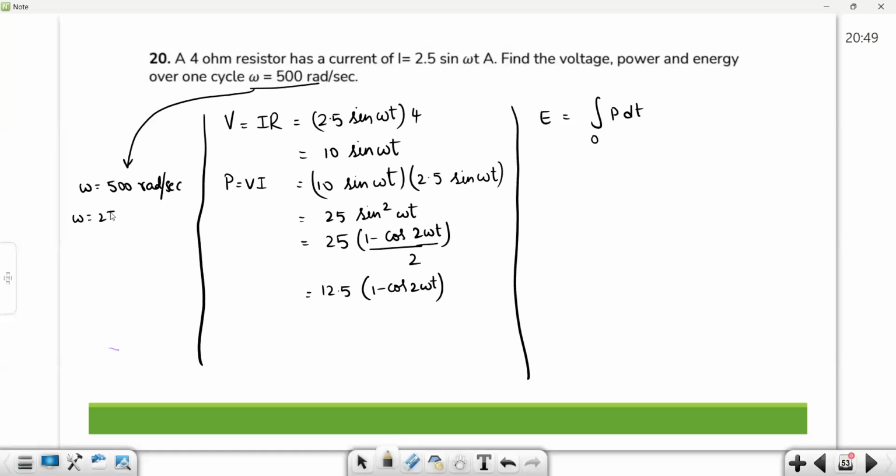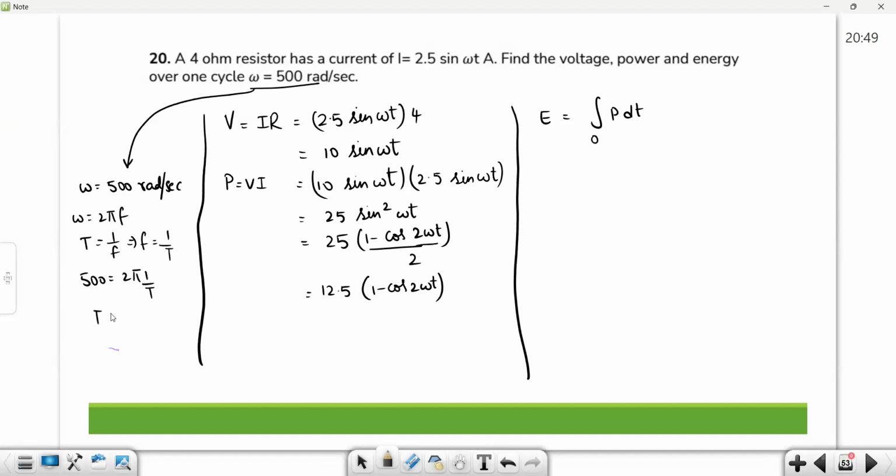Omega is equal to 2 pi f, and time t is equal to 1 by f. So f will be equal to 1 by t.